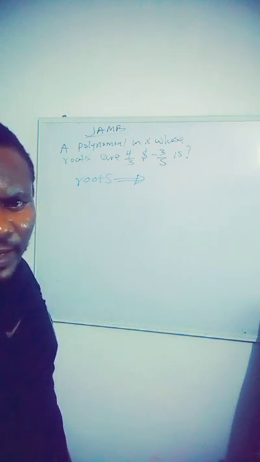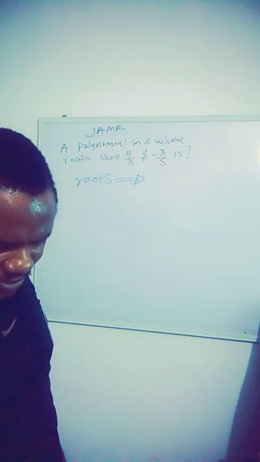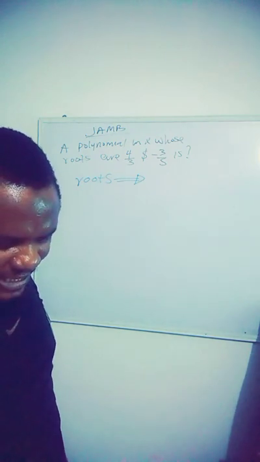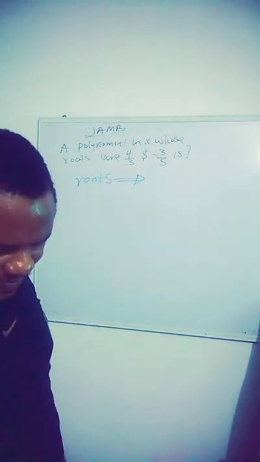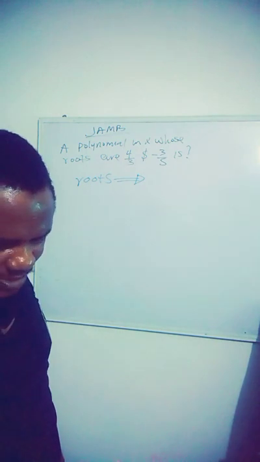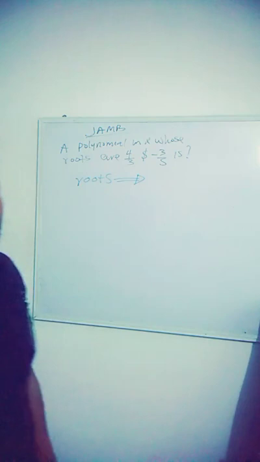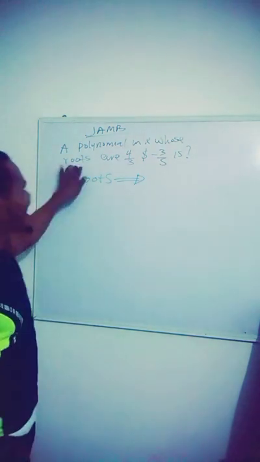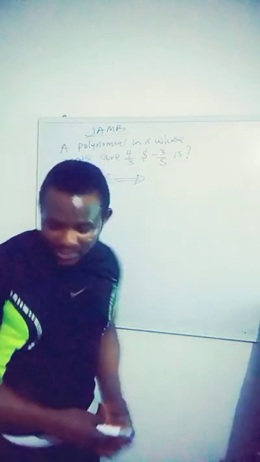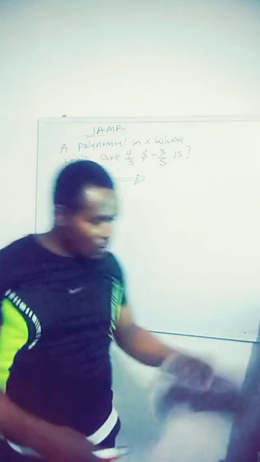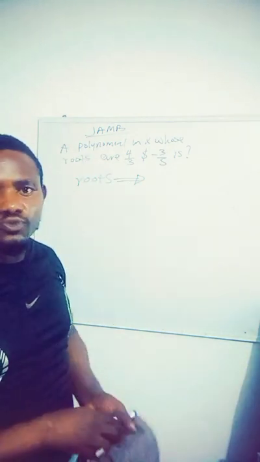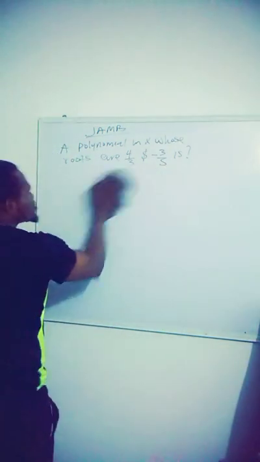Okay, thank you guys. Another word is answer. It's not factor, it's answer. In a quadratic equation, you don't call them answer, you call them root. Root of an equation.